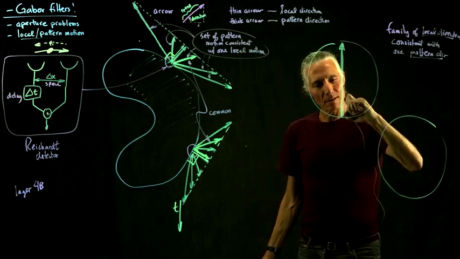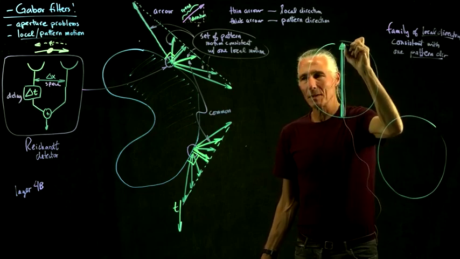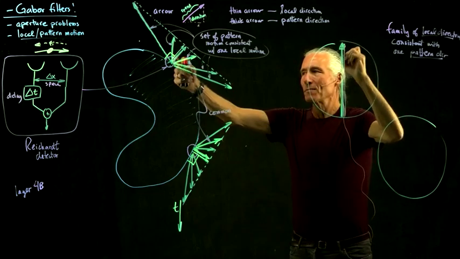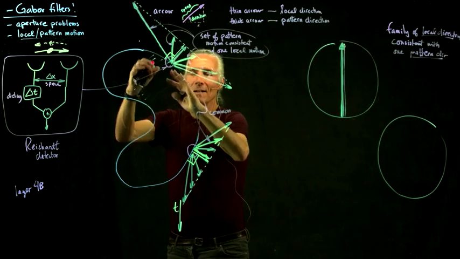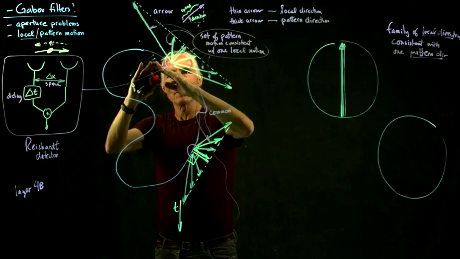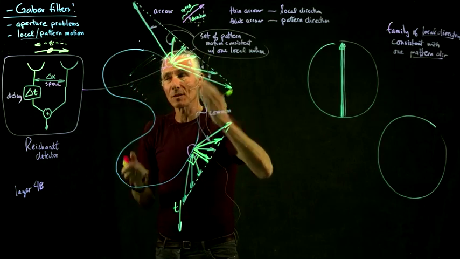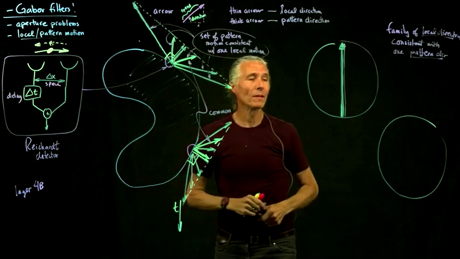And of course, one thin arrow might be the actual same direction and speed. That would be like if this object, instead of moving slightly down, was actually moving perpendicular to this contour. In that case, the pattern direction and the local motion are the same. That can be.